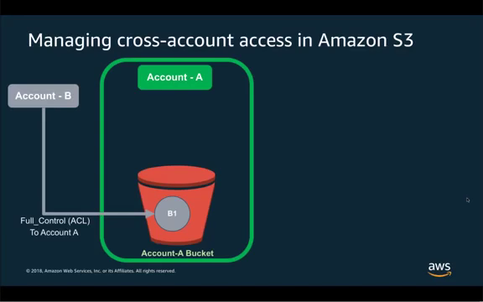Say in that organization there are more accounts, account C and account D, and A would like to give account C and account D access to object B1. Now there are two ways you can do so. One, account A can go and update the object ACL that grants explicit access to account C and account D. If you are comfortable with managing IAM policies as well as S3 ACLs, then you are welcome to do so.